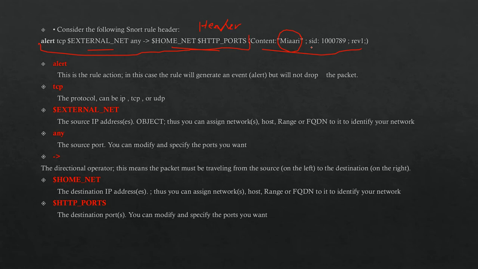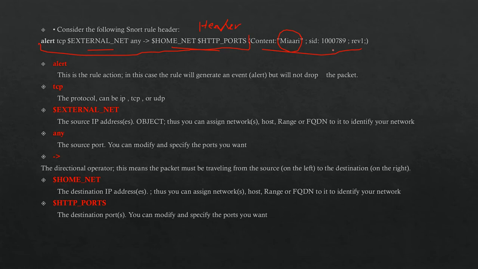So if a zero-day attack appeared in Kuala Lumpur and this team figured it out, it will automatically take the signature of this zero-day attack virus, put the signature inside, and push it to your firewall.